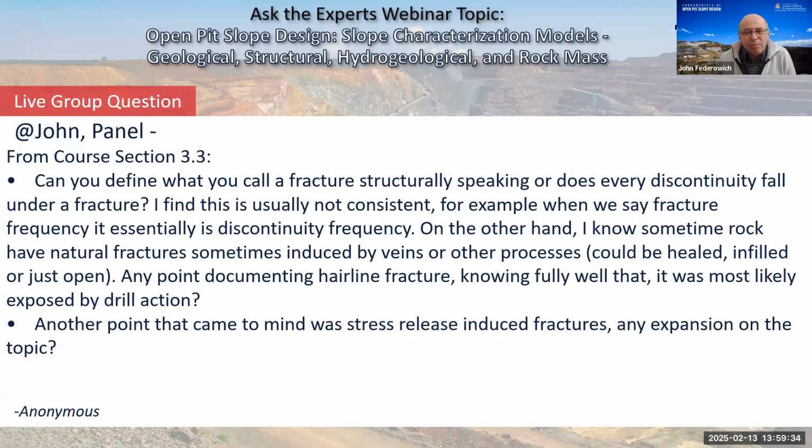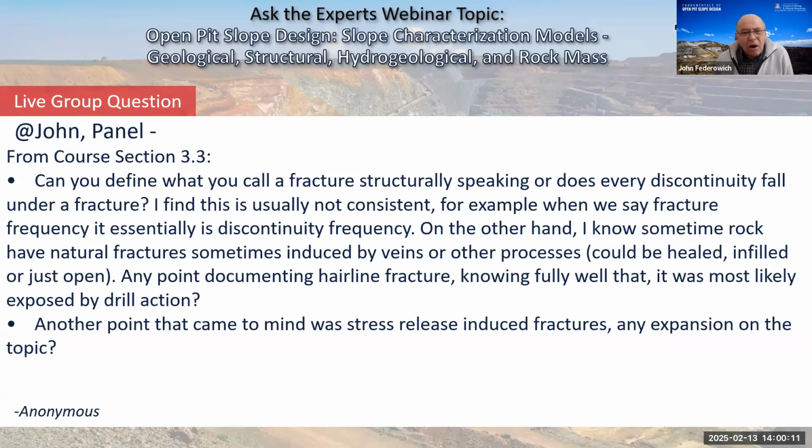They're a smaller subset of cracks that can be produced with overblasting, for instance, and it's necessary in order to have a robust structural model to characterize which are the tectonic fractures and which are the other set, the induced fractures.